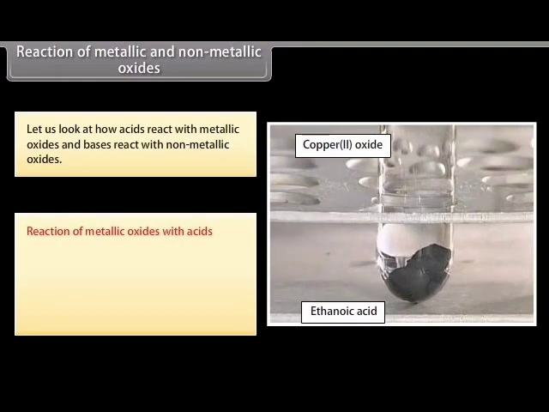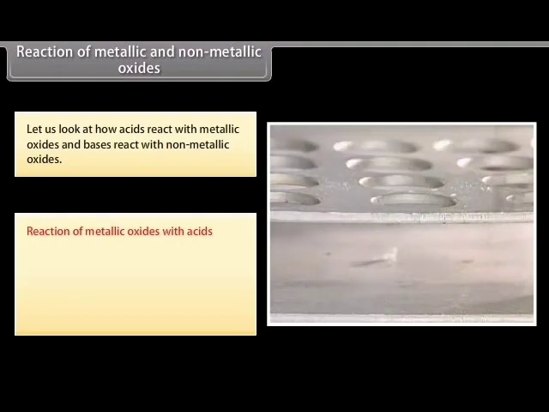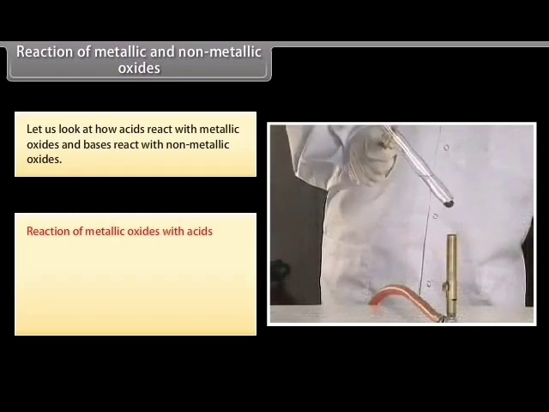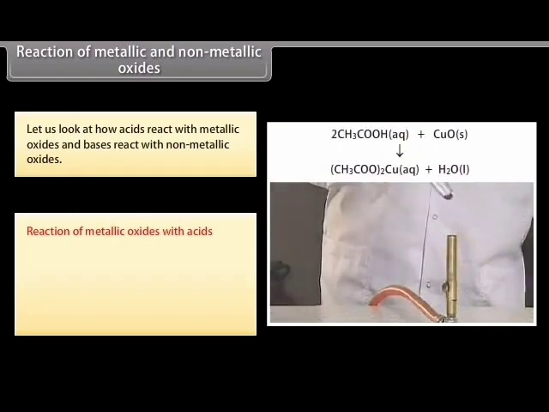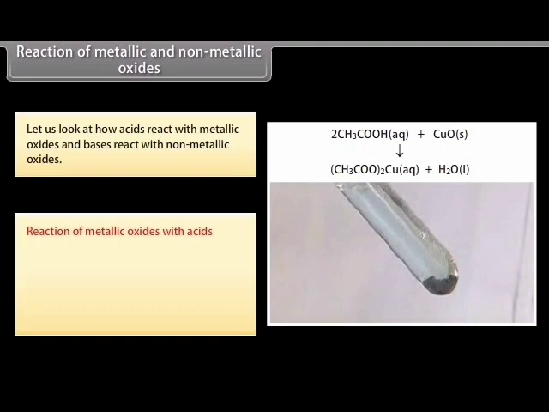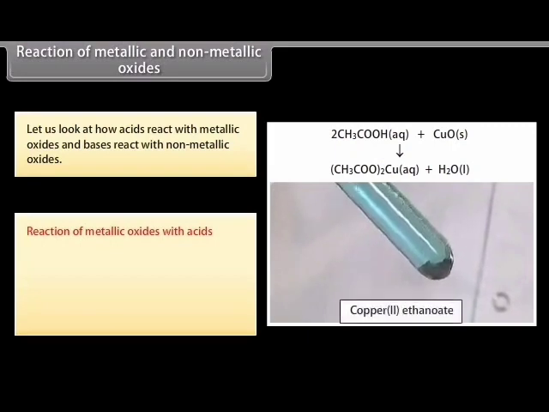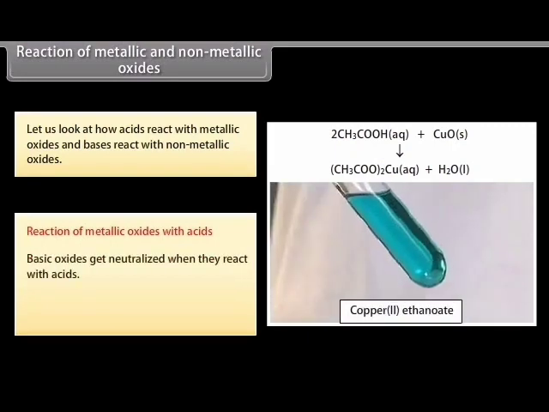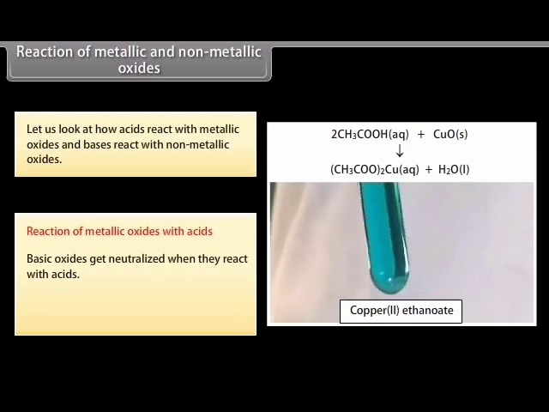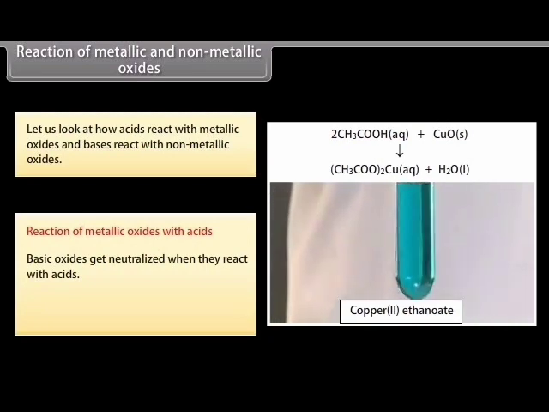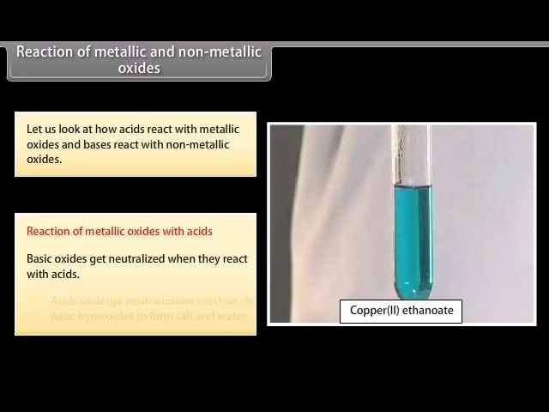Oxides that add on hydroxyl ions to their molecules are called basic oxides. Basic oxides get neutralized when they react with acids. Acids undergo neutralization reaction with basic hydroxides to form salt and water.